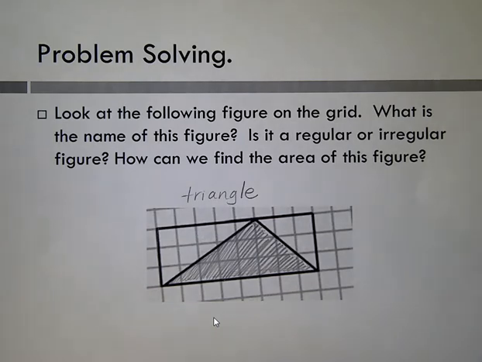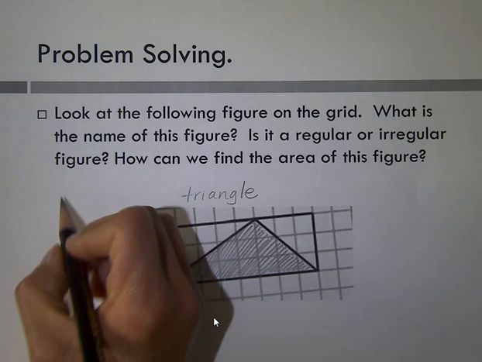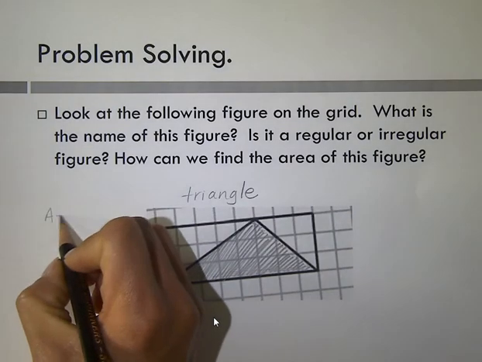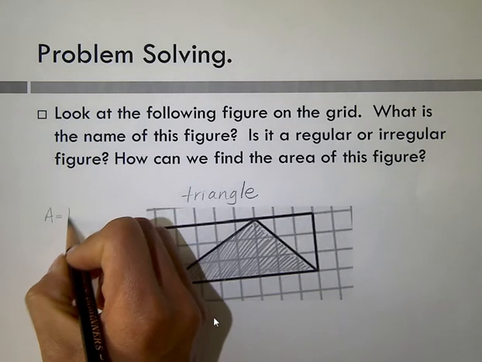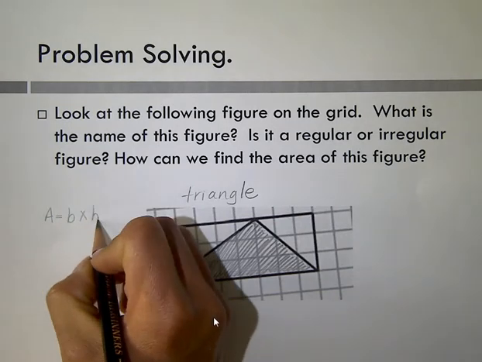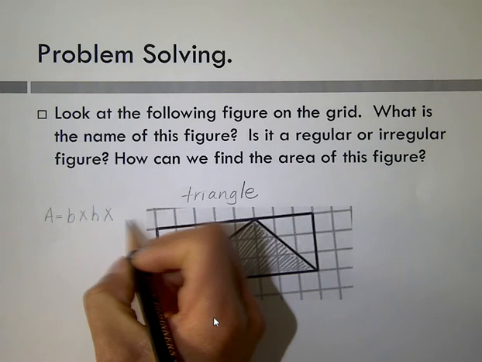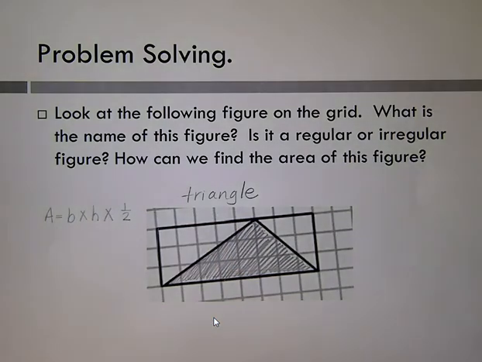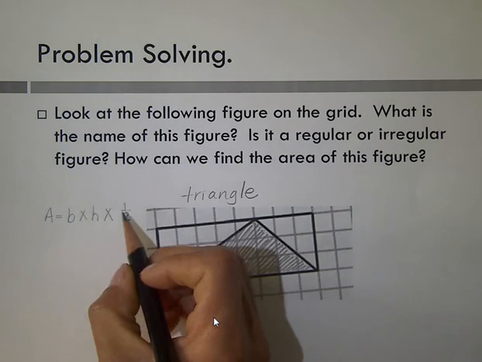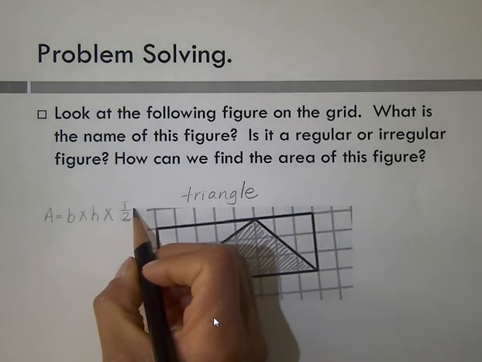We use a formula such as area equals base times height times a half. And when using this formula, we will change the half to a decimal.